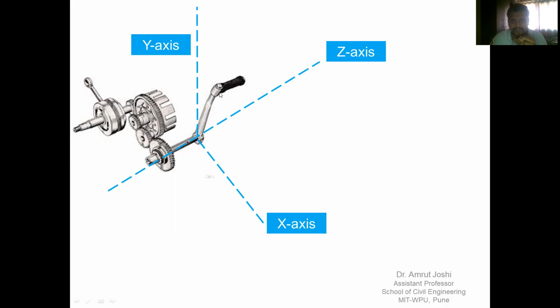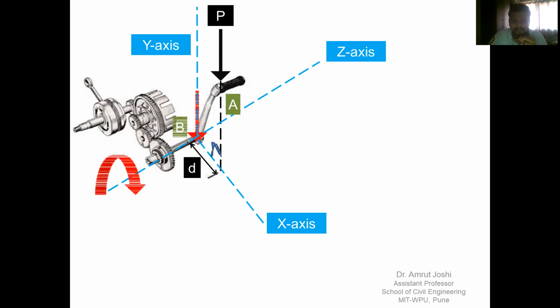So the kick is going to lie in the xy plane and you are going to apply force P at location A as shown. I have extended the line of action of force P using a dotted black line. And let us say we want to find out the effect of this force P at point B.